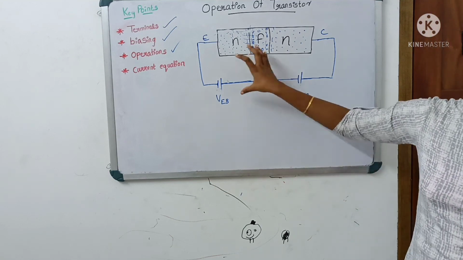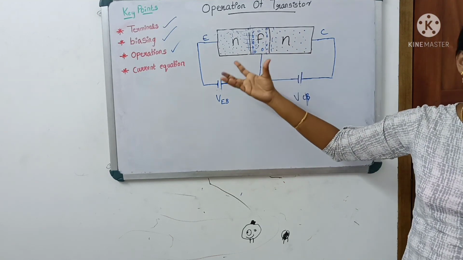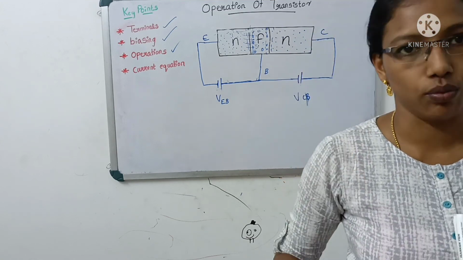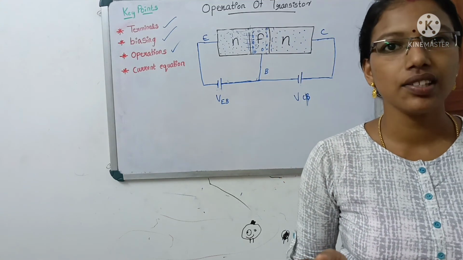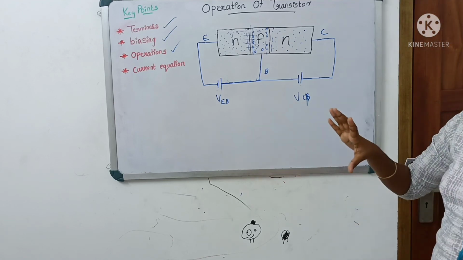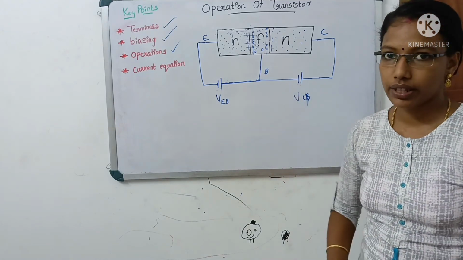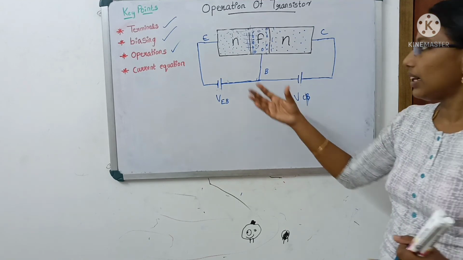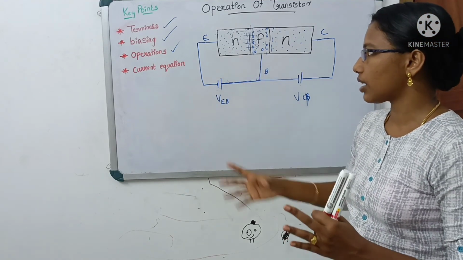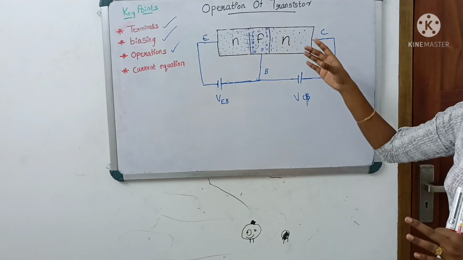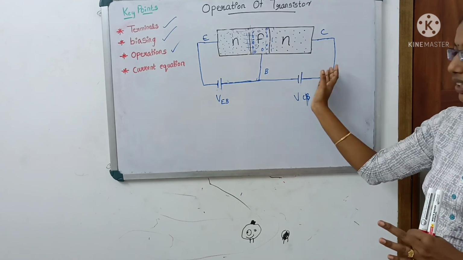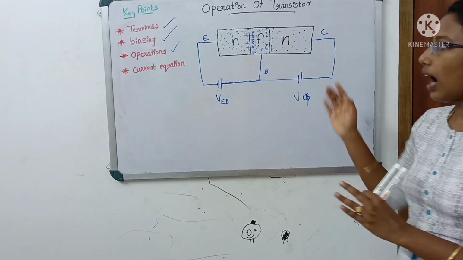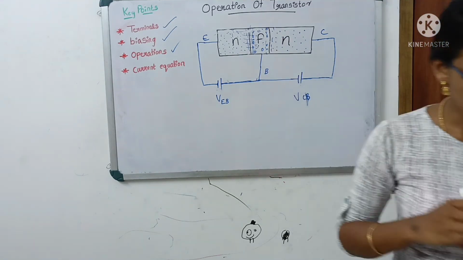In the emitter base junction there is a high concentration of electrons, and in the collector base junction it is comparatively low, in the moderate range for the whole transistor biasing. So the concentration of electrons is high in the emitter base junction, and after that, in the collector region, the concentration of electrons in the base region is lower.